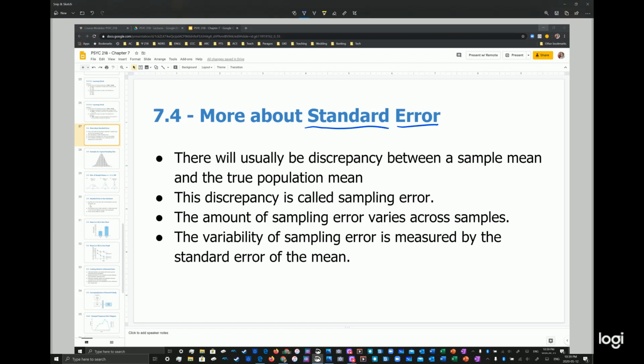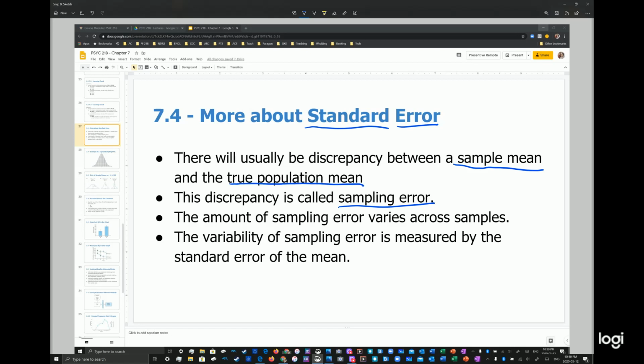It reflects the discrepancy of sampling, which is called sampling error, because we're collecting samples from a population, and because we're not getting everybody, we tend to get values or scores that are closer to the sample mean but not exactly the mean. Whatever sample mean we get, as long as it's a sample and not the entire population, any sample mean would not be the same as the true population mean.